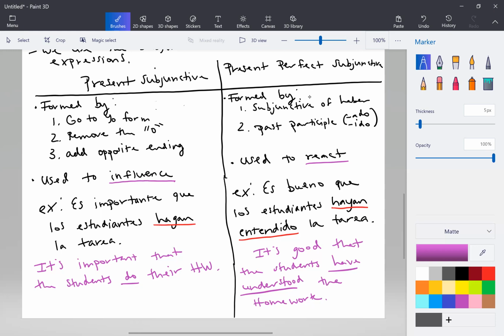You don't need to remember all of this right now, but you're going to make a poster using the present subjunctive, and you're going to try to influence people to take care of the environment. So you're going to say things like, it's important that we recycle. It's good that we limit the use of plastics. Right? All of the different things that we have talked about.